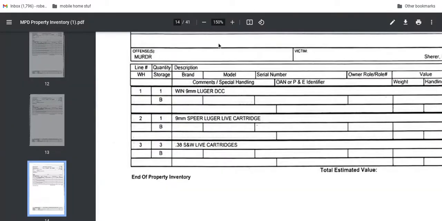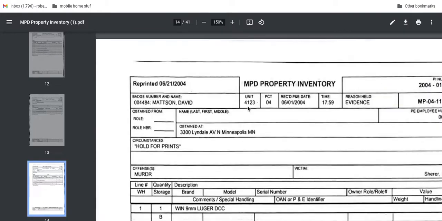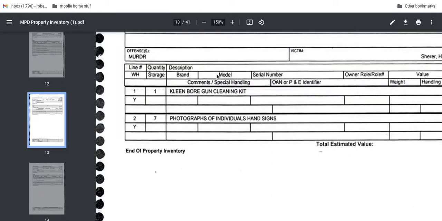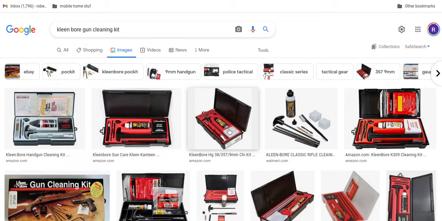However, it is very doubtful that a robber or somebody coming to do nefarious things at a business is going to bring a gun cleaning kit. The gun cleaning kit looks like this. Okay, you have a smaller one for handguns, and then you have a larger one for your rifles and shotguns, because you put your cleaner on this and you attach these, actually screw into the rod for the rifles.